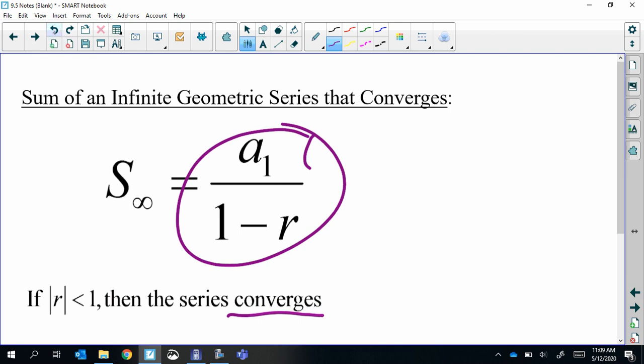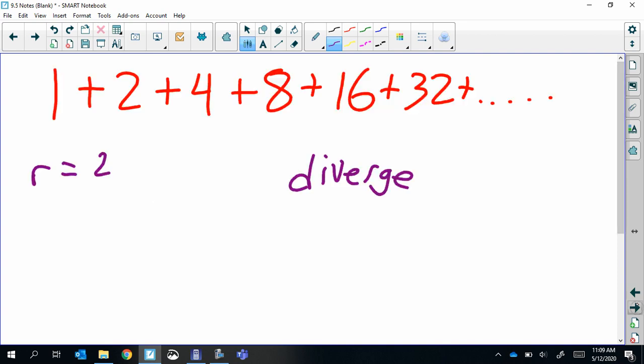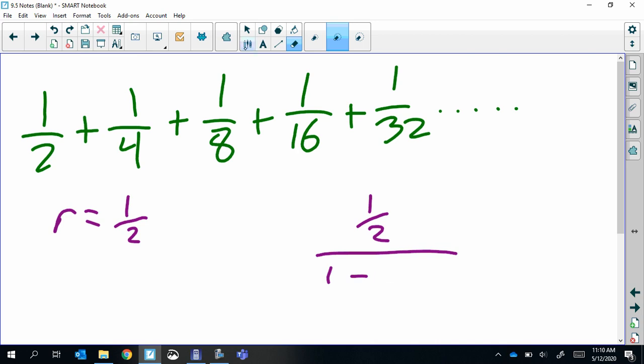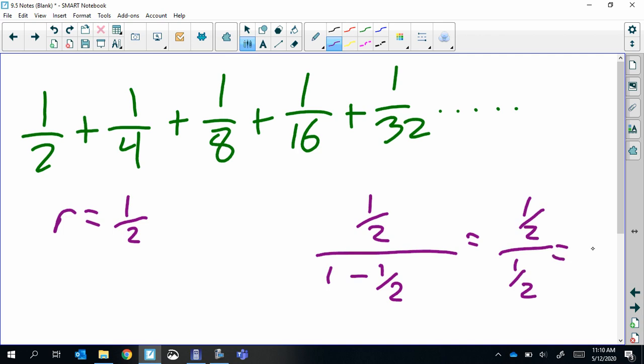So I think that makes it pretty easy to remember. It's just a1 over 1 minus r. So that's a1 over 1 minus r, which is 1/2 over 1/2, which is... Whoa, that was weird. So when you add up all these fractions, you get to 1.